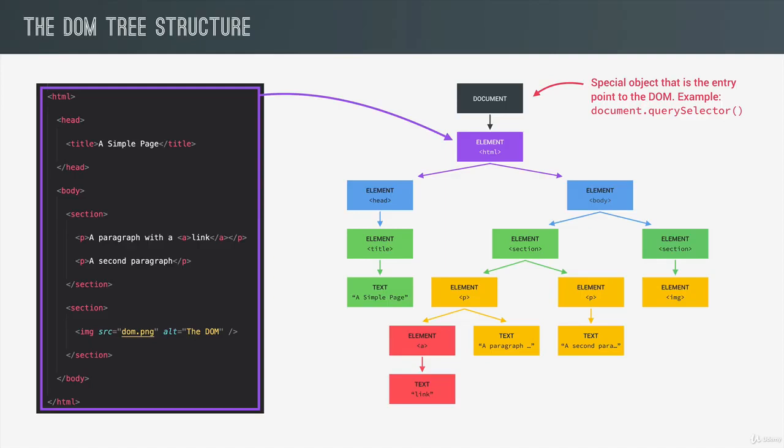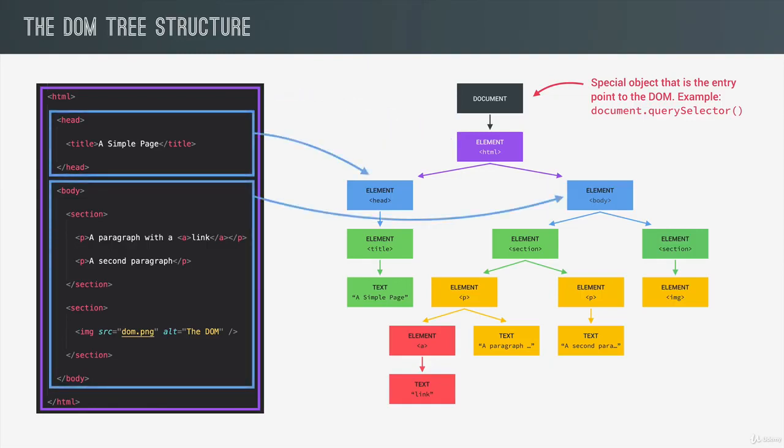Alright, then the first child element of document is usually the HTML element, because that's usually the root element in all HTML documents. Next, HTML usually has two child elements, head and body. And so of course, you can also find them here in the DOM tree. In the HTML, they are adjacent elements, and so they are siblings in our DOM as well. Then, as we keep going deeper into the nested HTML structure, we keep adding more and more children to the DOM tree.